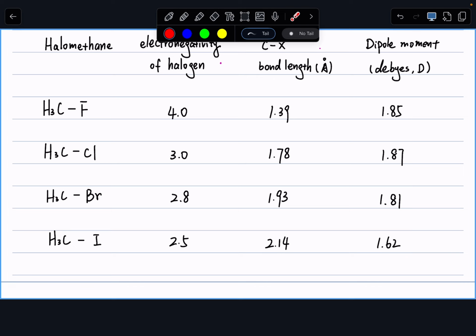What we're saying here is that despite the fact that fluorine is the most electronegative atom, the dipole moment for your carbon-Cl bond is slightly larger than your carbon-fluorine bond.